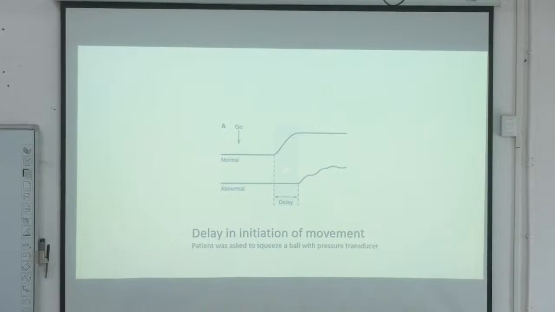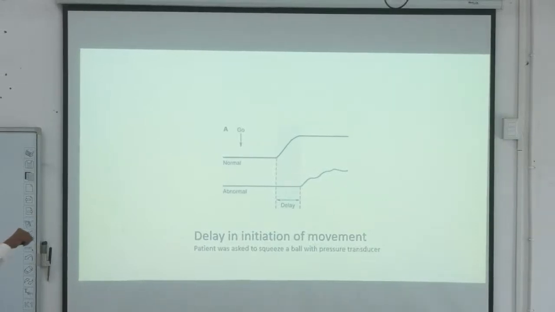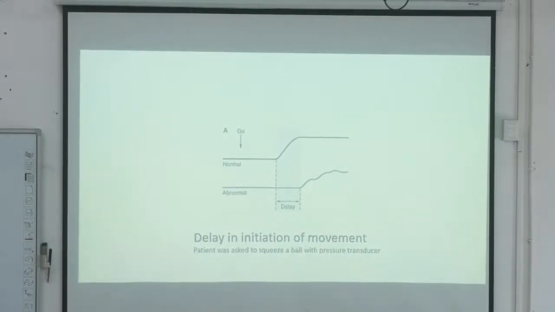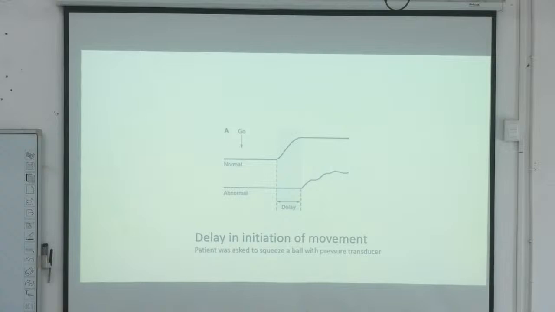This upstroke is not happening over here. The gray zone is the delay, and once the movement is initiated, you can see it is not smooth. So this is the graphical representation of delay in the initiation of movement. I guess all of you understand, right?